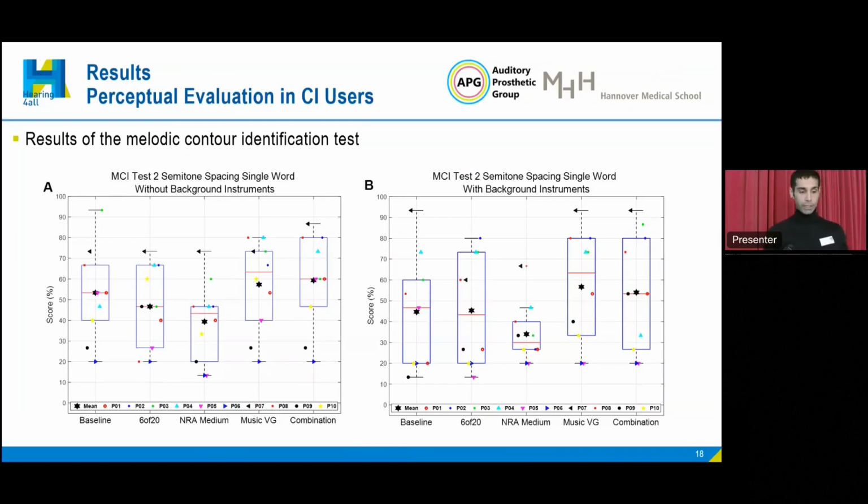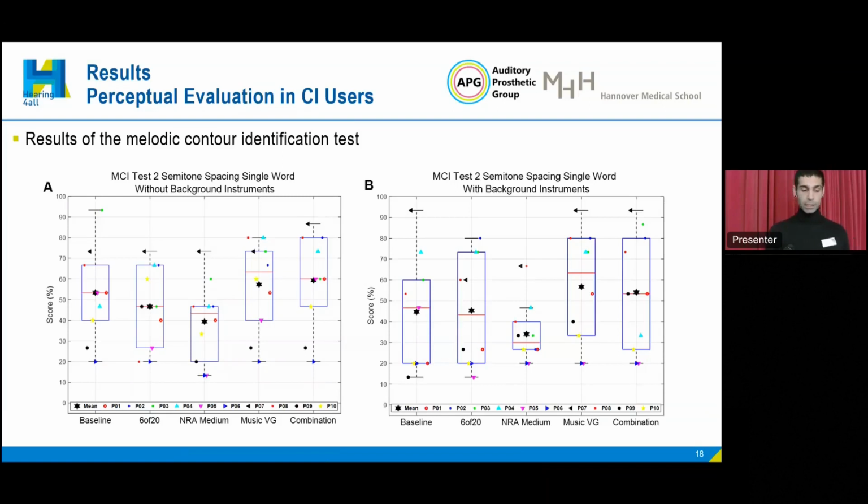The left figure, panel A, shows the results of having 2 semitone spacing, single word, and no background instrument. The right panel is the same, but with background instrument. What we observe here is that having background instruments statistically worsened the results in comparison with having no background instrument.